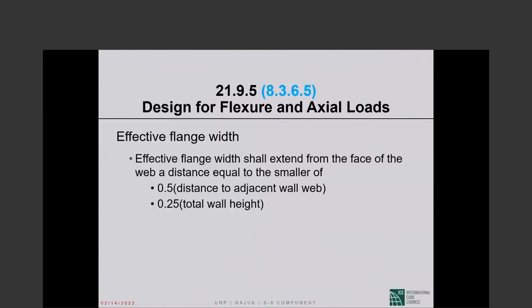Okay, now some details. Effective flange width. If you have very wide flanges to your shear wall, does the entire wide flange work for you, or because of shear lag, do you have to discount the remote portions of the flange?